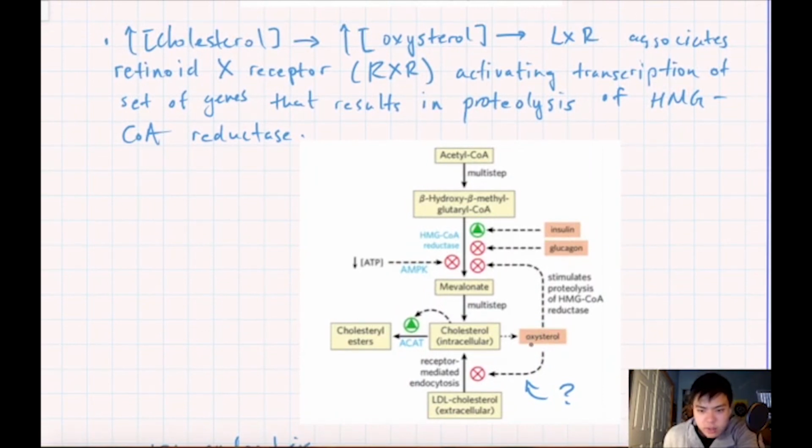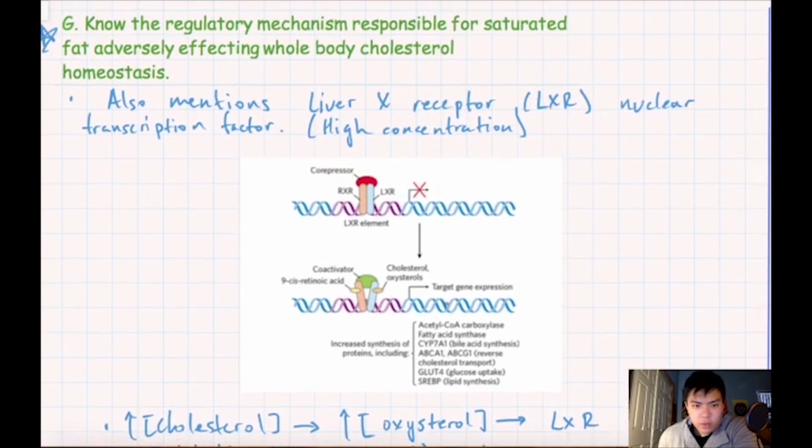So I think he was sort of pointing towards this regulation right here, although it doesn't have adverse effects at all, because when levels are very high, it basically stops the production of reductase and it lowers our cholesterol level. So I'm not sure what he really meant by this objective.